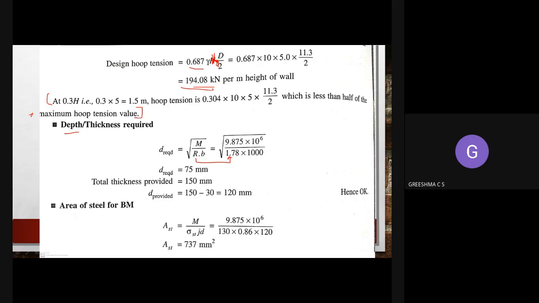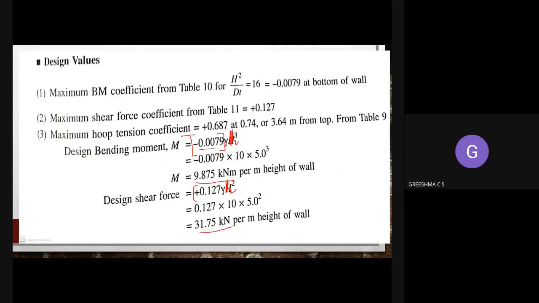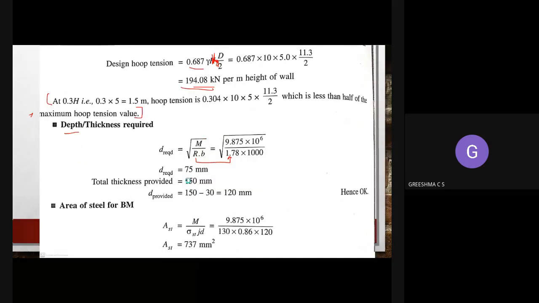Now substitute. The moment we already know, we have just found 9.875. To convert into Newton mm, multiply with 10 raised to 6. R is 1.78, and b is the unit width, 1000.